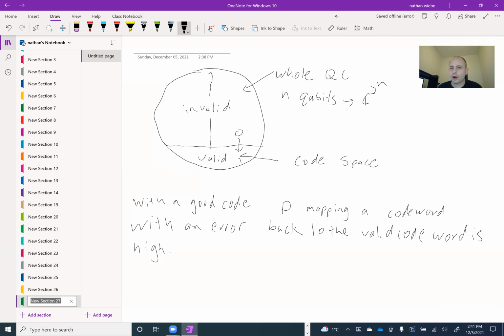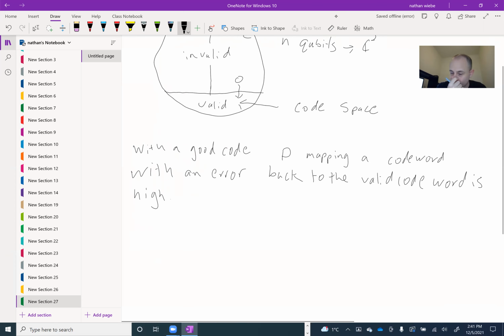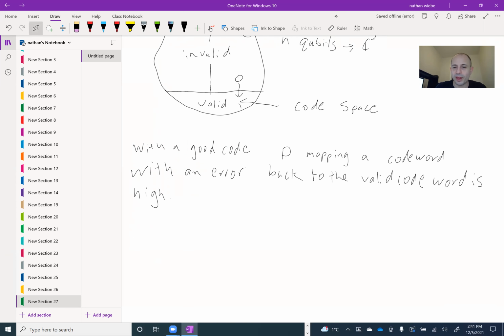And the entire art of this, at least from our perspective, is going to be the art of coming up with good ways of projecting ourselves into the code space and detecting what the nearest code word is to a particular quantum state.